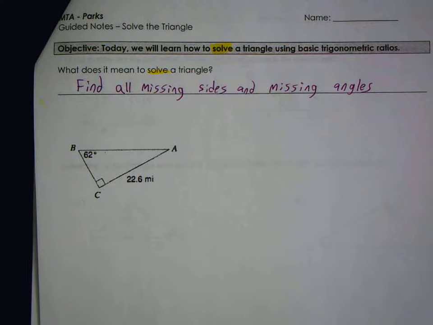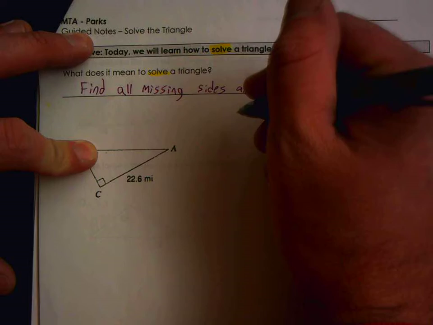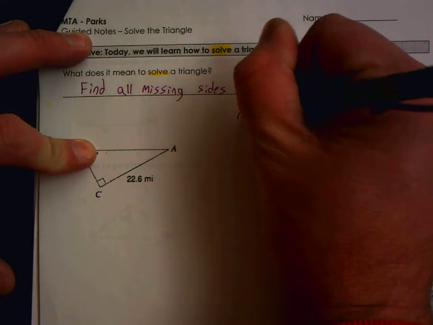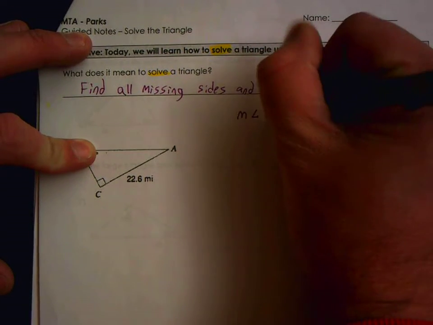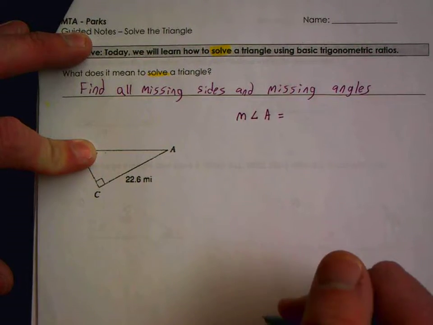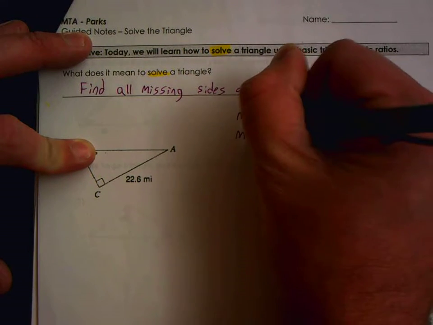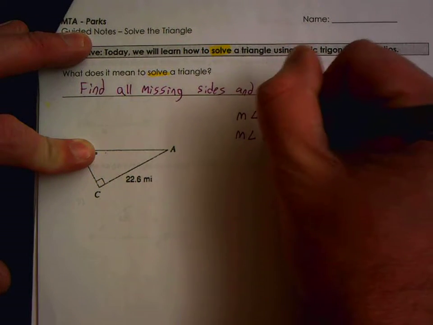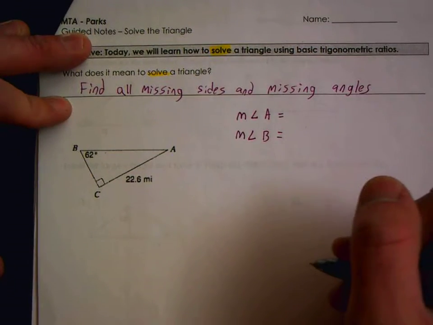One thing that helps me is just to list out: measure of angle A equals what? Measure of angle B equals what?